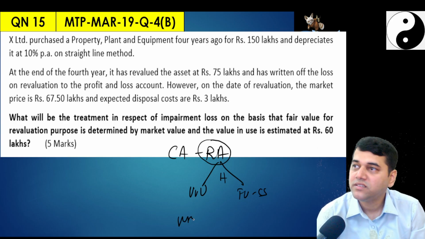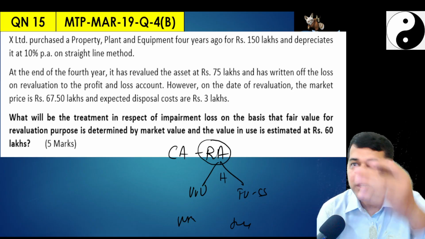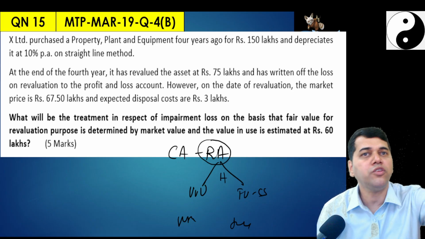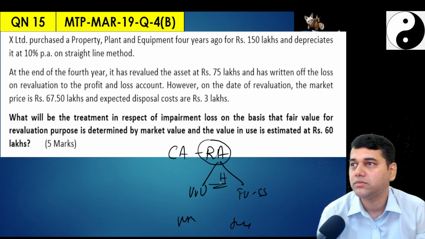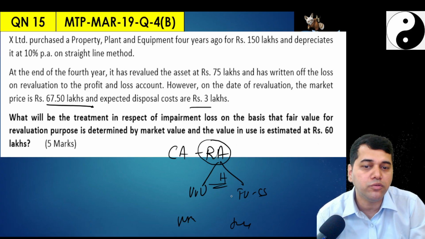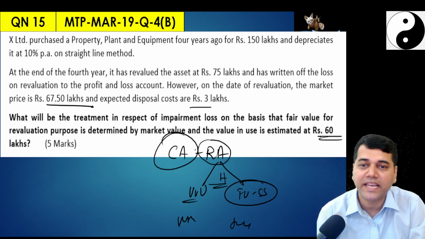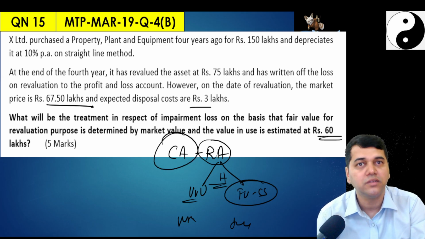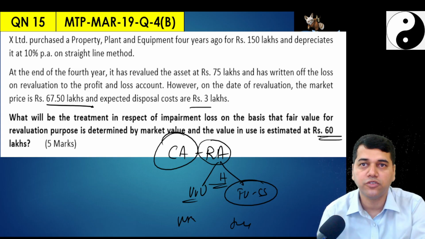Use it, sell it. For a financial asset, we also say the same: either retain it, hold to collect, or you sell it. Whichever is higher, that is what you are going to do. That is your recoverable amount. So they told you the fair value, and value in use is this. This has to be compared with the carrying amount after your revaluation. Check whether there is any impairment or not. Are you clear? Did you get the flow?